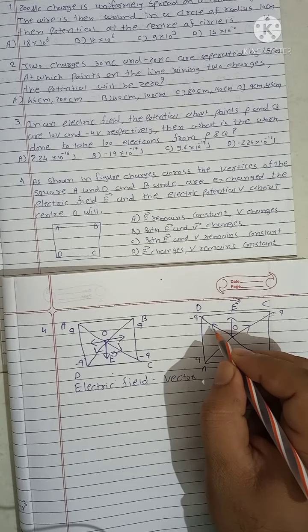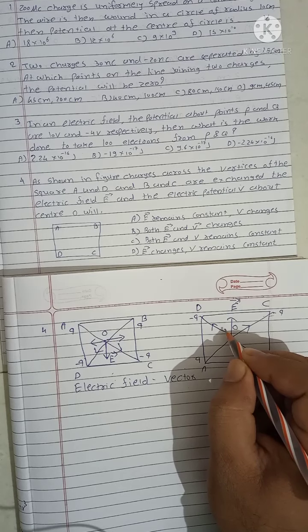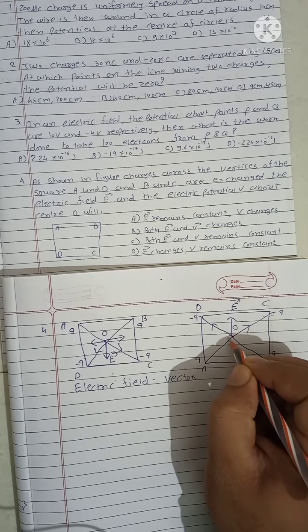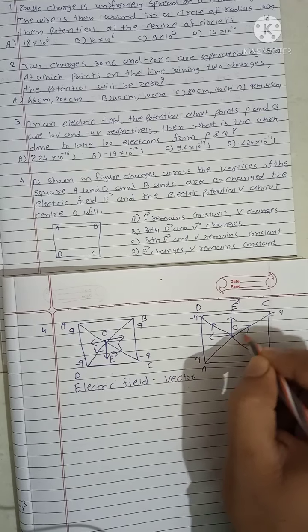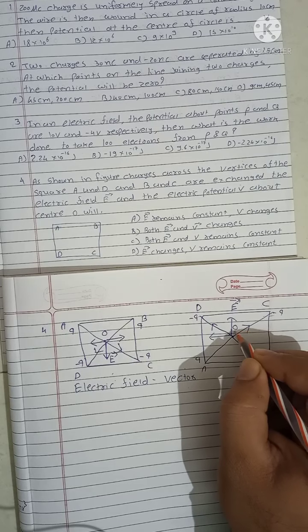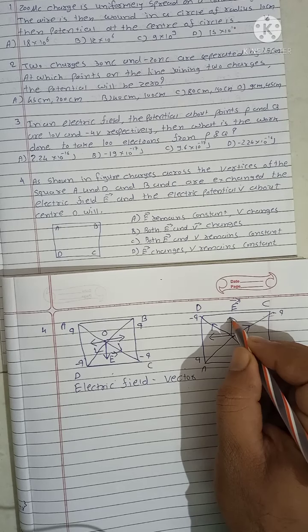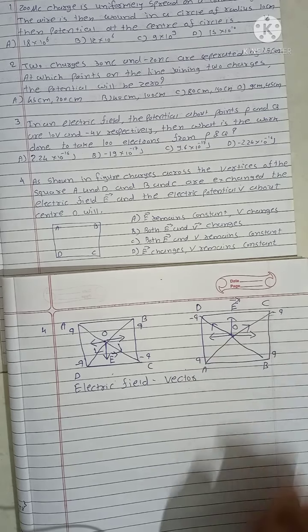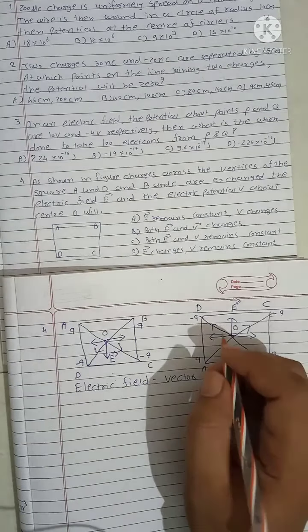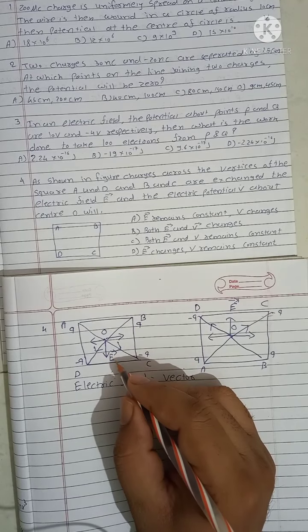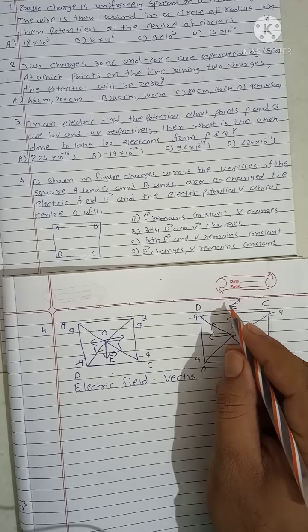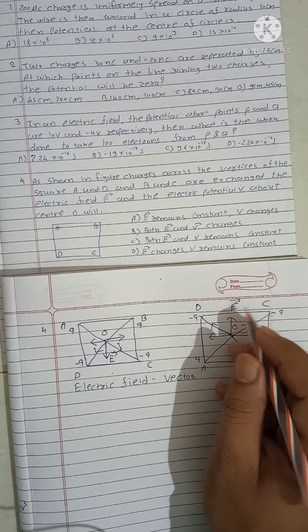Similarly here, for this electric field, the components will be one vertical and one horizontal, and for this electric field also one vertical and one horizontal. So the same case applies here. So here the resultant vector is on the downward side, and here the resultant vector is on the upward side.